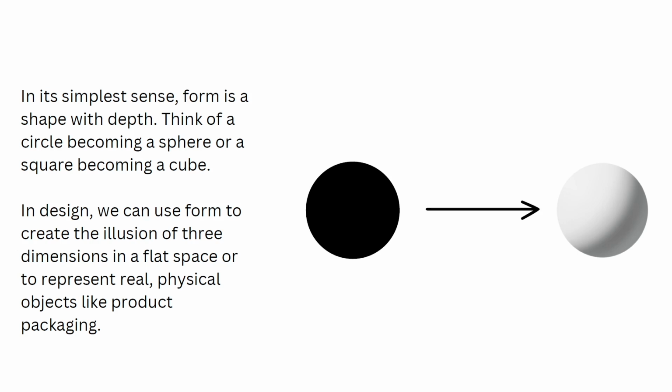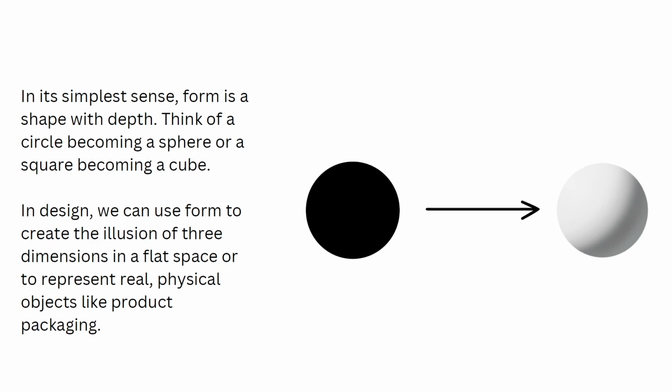So maybe the sphere on the right is going to be some sort of button on our UI UX menu, or you might actually be literally using form. So you can recreate something that is flat in Illustrator like a template, print it out, and then turn it into a form.